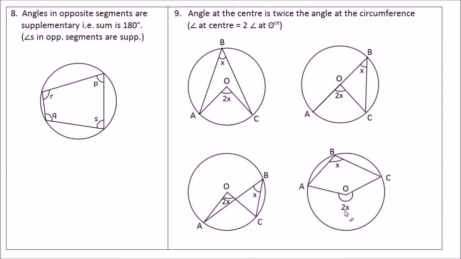But the angle here is still twice the angle on the circumference, the angle B. Note that it is this angle that is twice the angle on the circumference, not the angle on this side, which is a common mistake made by students.